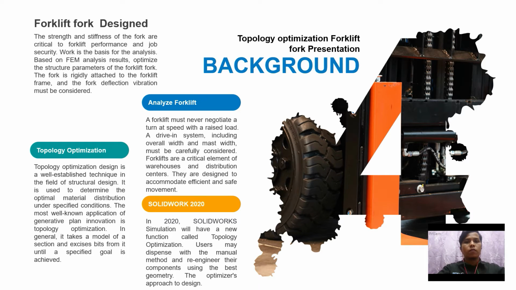For the background of forklift fork design, the strength and rigidity of the fork are essential to the operation of the forklift and the safety of the operator. The work serves as the foundation for the analysis. The forklift fork structural parameters should be optimized based on the findings of the finite element model.